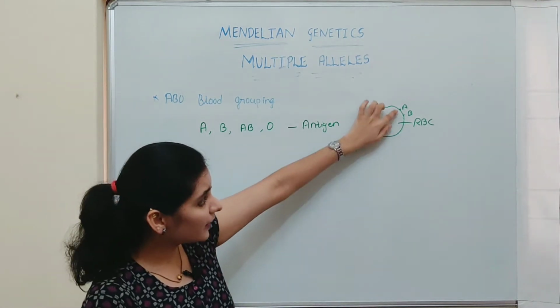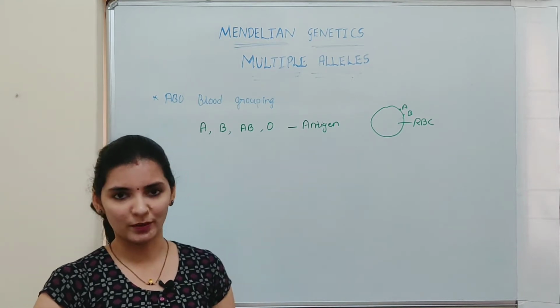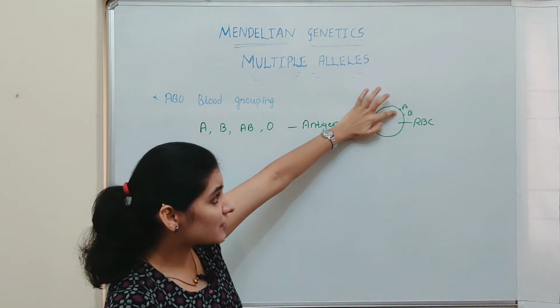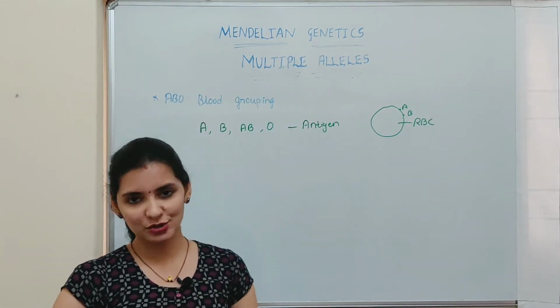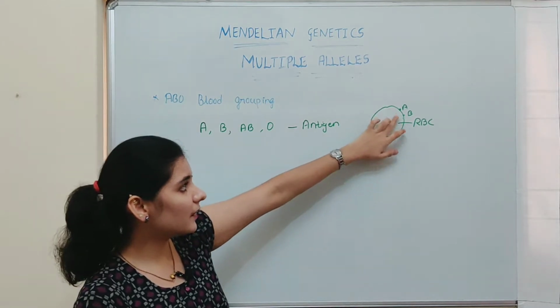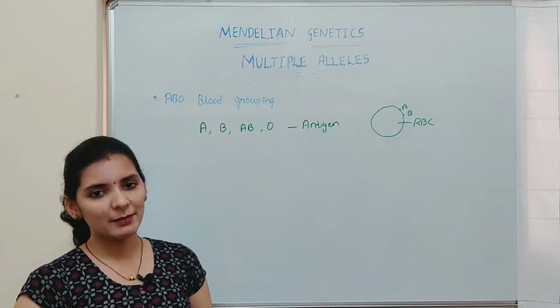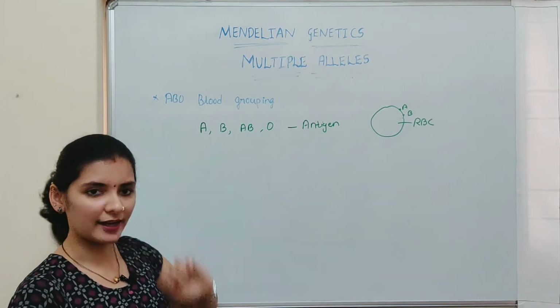This A and B antigen can be differentiated mainly based on their sugar component, or there is a slight difference between this A and B antigen mainly based on their sugar component. Based on the presence or absence of these A and B antigens, the blood group can be mainly divided into four types, that is A, B, AB and O.